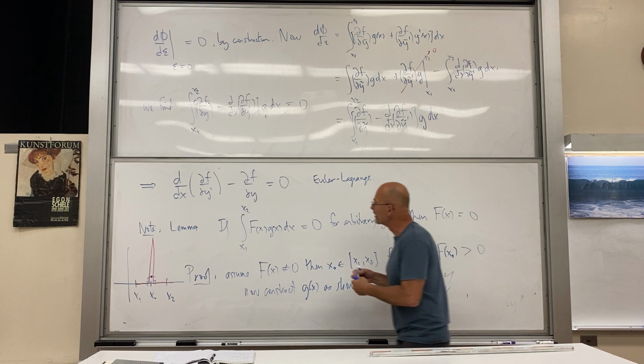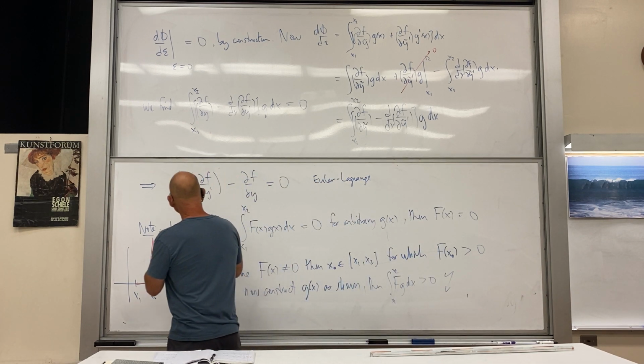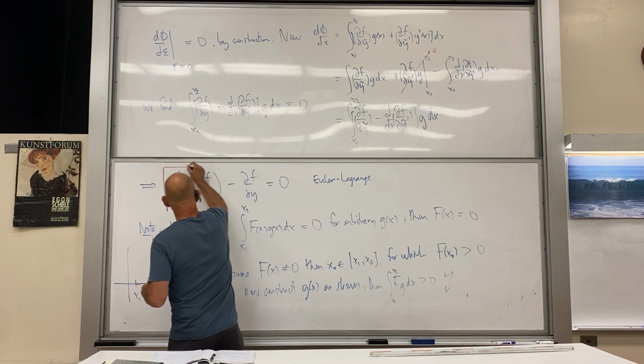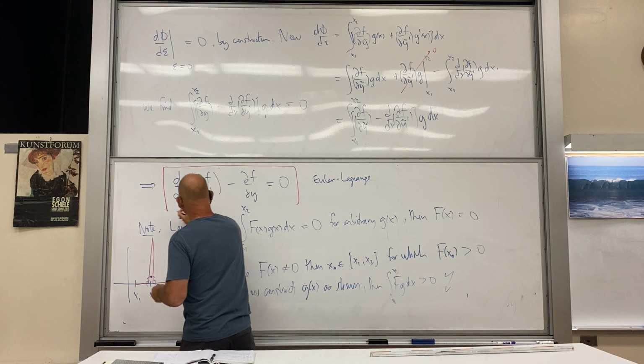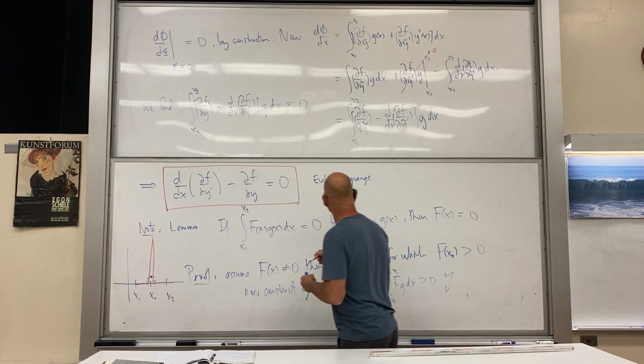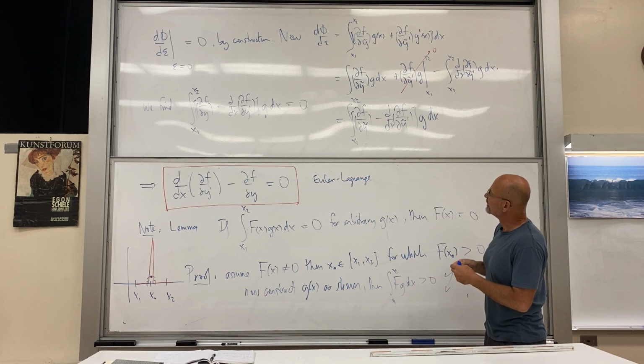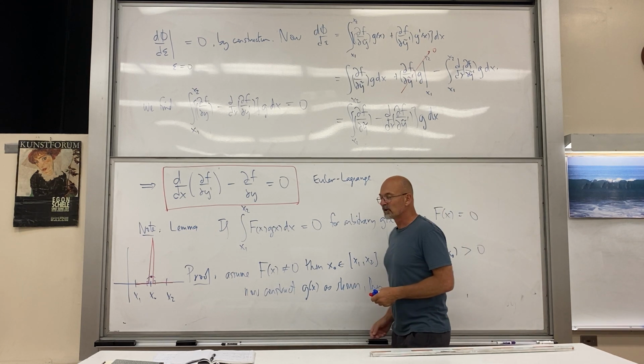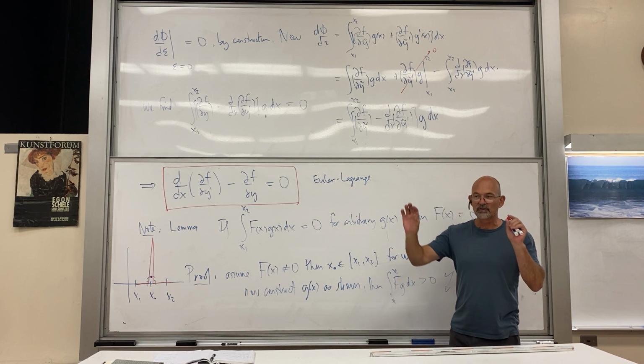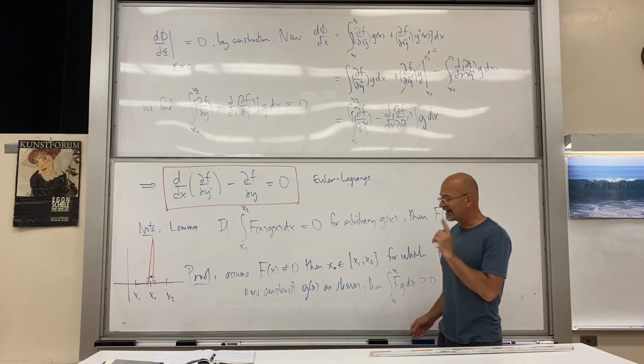So now we have our Euler-Lagrange equation. We haven't skipped any steps, and we want to do an example. What we're going to do is prove that the shortest curve connecting 2 points in the plane is a straight line.